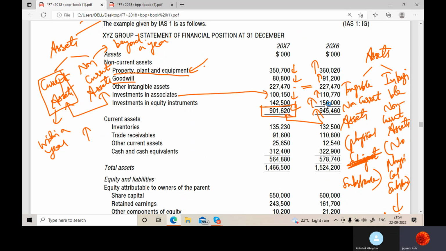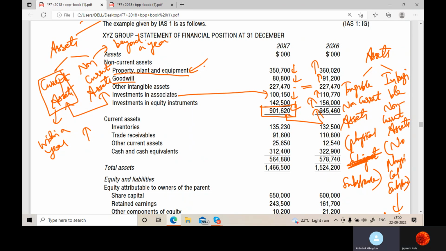Can you tell me how much is the difference so that I can write on the value there? 9,45,460 minus 9,01,620. Can you calculate? I'm saying just the difference between these two values.